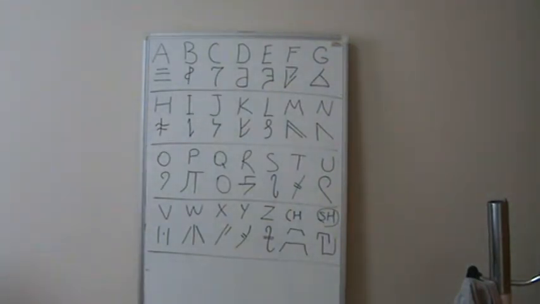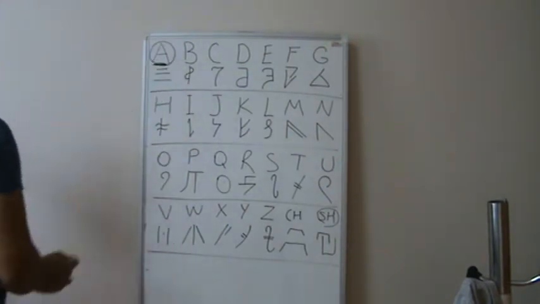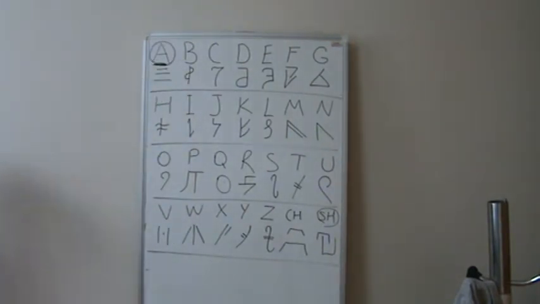So let's start with the pronunciation of the letters. They are not pronounced as English letters. They are pronounced differently, so I will show you here. A is like A in father.